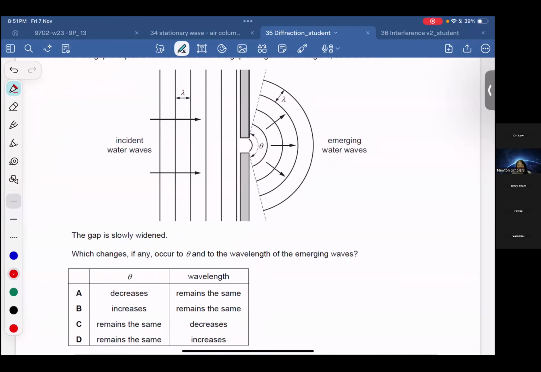What is your answer for question 6? Vashini, correct. How about others?